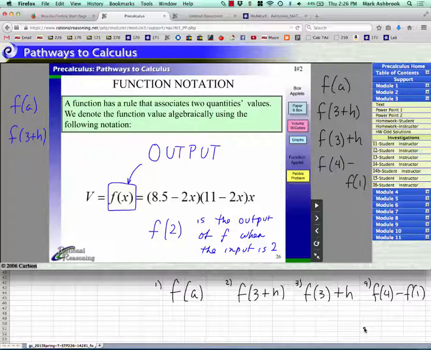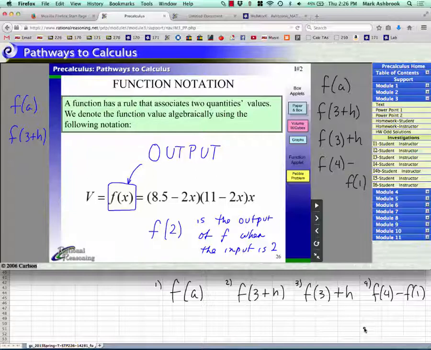Your current volume, or the volume you're looking for? No. Oh, the change, sorry. So the change of what quantity? The volume, I guess it would be in this case. Change of volume. And what particular change of volume is it? The change of the output of f when the input is 4 to when the input is 1.